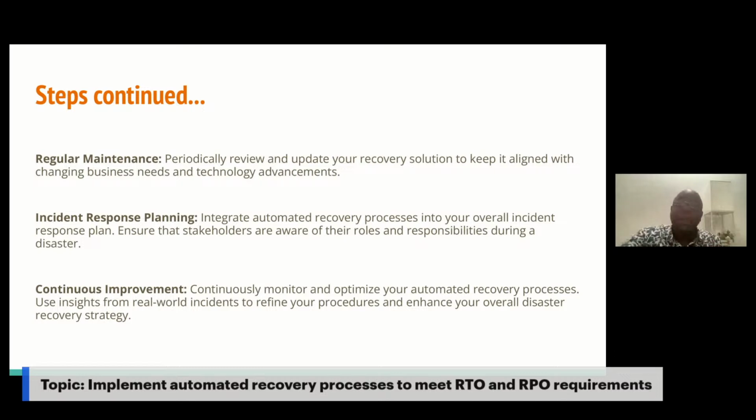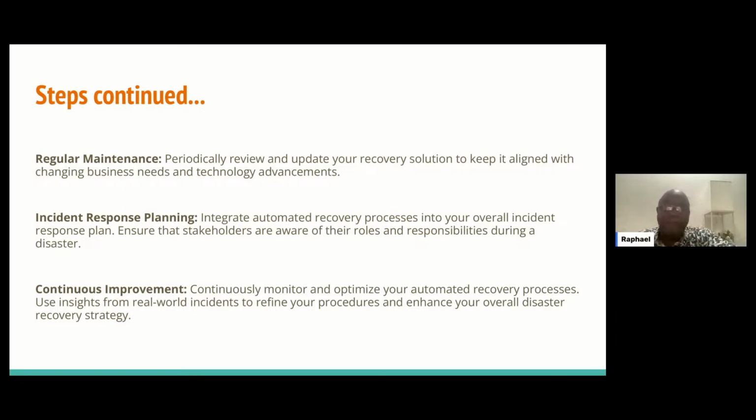Your organization's needs might also be changing, so you need to always go back and check that everything you have now is in line with your organizational requirements. Or maybe your CTO changed, and the new CTO has new and brilliant ideas. You want to implement them into your recovery process, so you need to look into that.